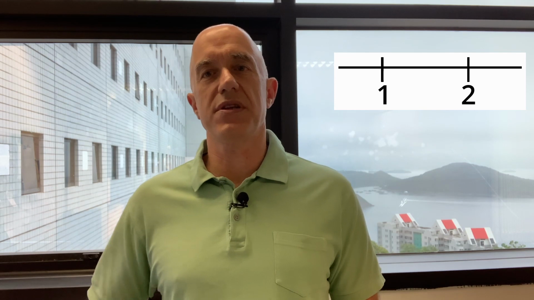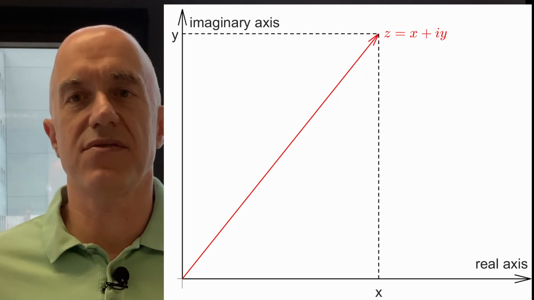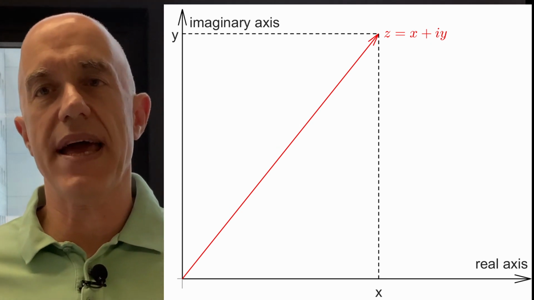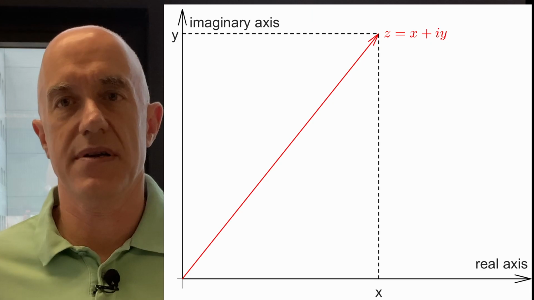Just like we can locate real numbers on the real number line, we can locate complex numbers in the complex plane. We take the x-axis as the real part of the complex number, and we take the y-axis as the imaginary part of the complex number. University students in STEM majors all learn about the complex numbers because they turn out to be so useful.